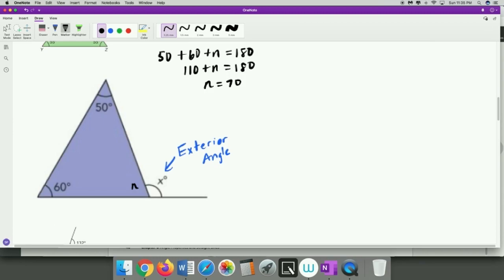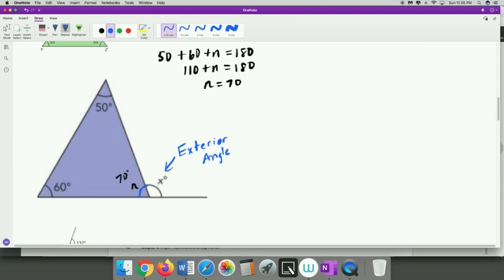All right. So now, hopefully you guys can recognize that this angle n, which we now know is 70 degrees, right here, plus that angle x, they both together have to equal 180 degrees because they're on a straight line.